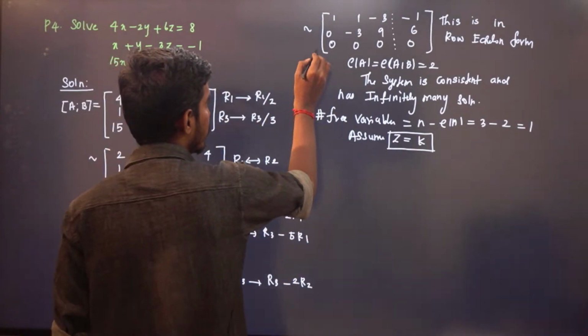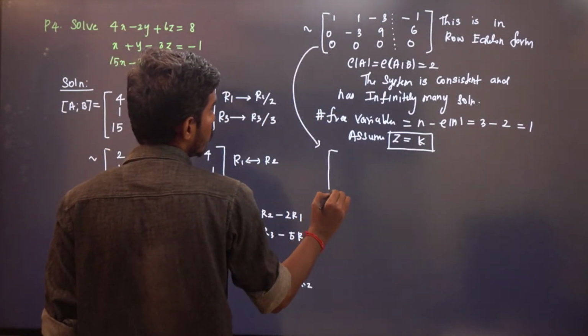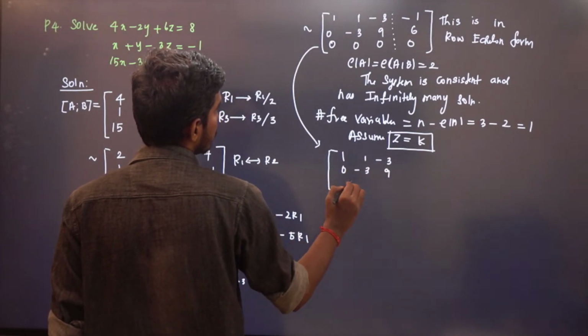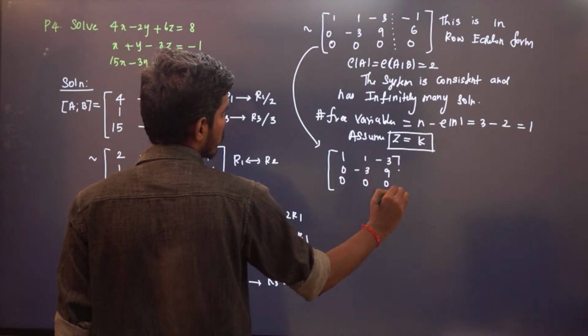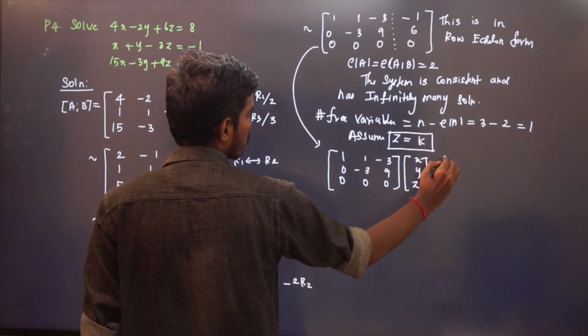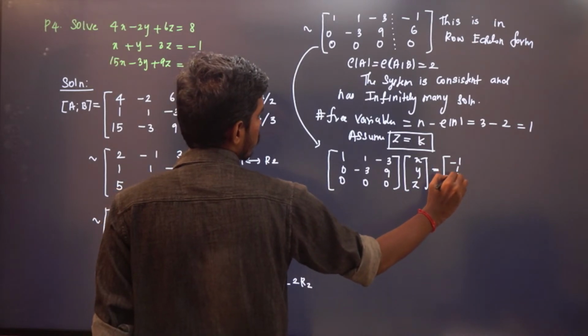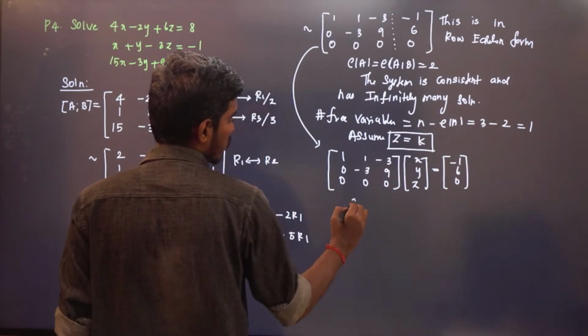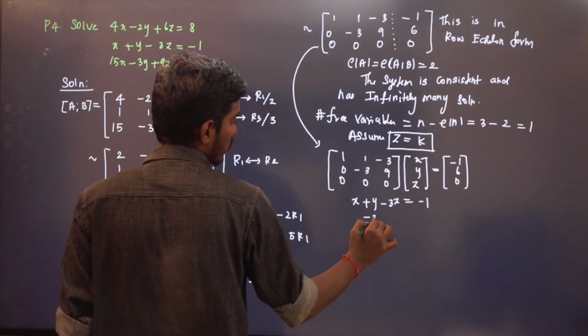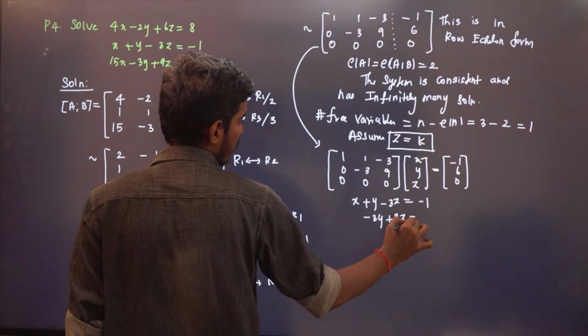Now write the reduced matrix in Ax equal to B form. 1, 1, minus 3; 0, minus 3, 9; 0, 0, 0, times x, y, z, equals minus 1, 6, 0. So we have x plus y minus 3z is minus 1, and minus 3y plus 9z is 6.